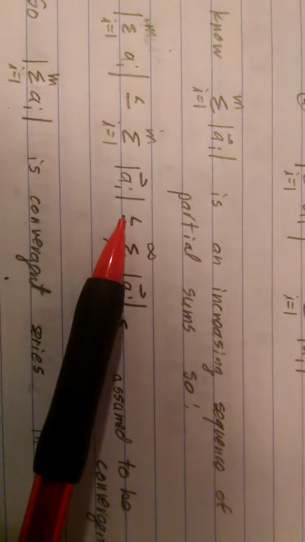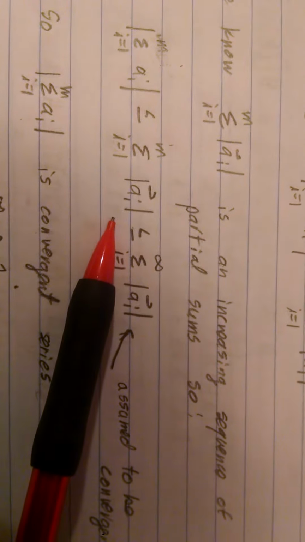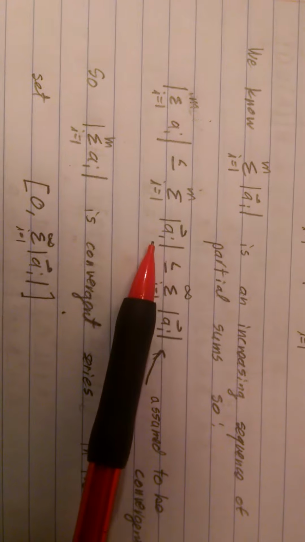If you think about this, if this was possibly a decreasing sequence, then it could be that as we get to infinity, this actually decreases. But because there's an absolute value sign, we know it's increasing, and we know that for m, as we go towards infinity, it's going to be less than or equal to. Because of the absolute value sign, there's no way that as we go to infinity, it is going to be less than that. I didn't quite understand that the first time through.